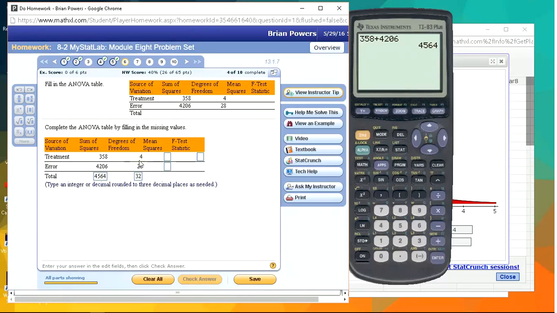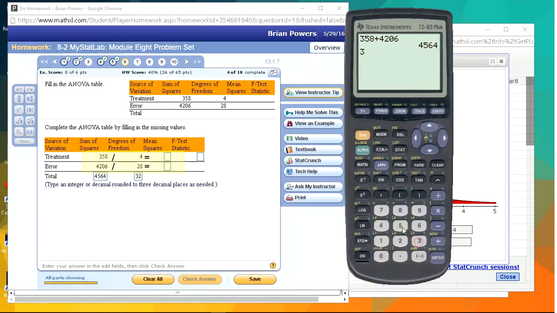Okay, now we have the next column, which is the mean squares. The mean is a word we use for the average. So what we're looking at is how much variation there is per degree of freedom. You take the sum of the squares and you divide it by the degrees of freedom, and that gives you the mean square.